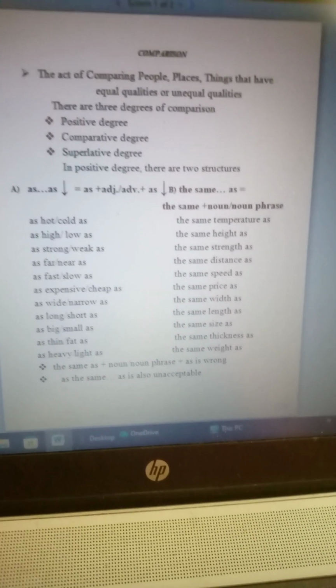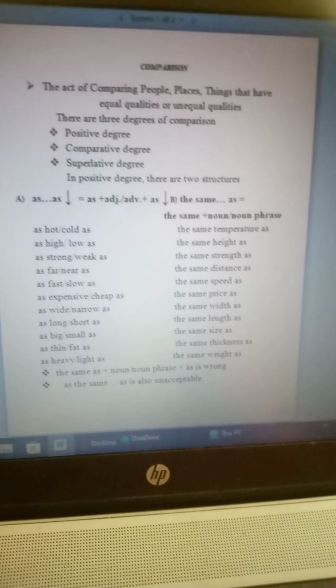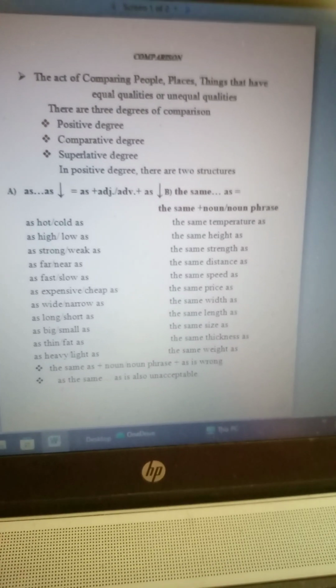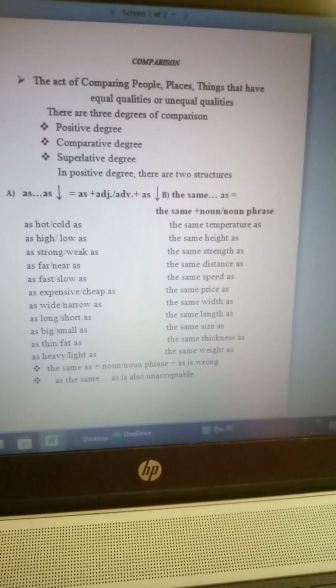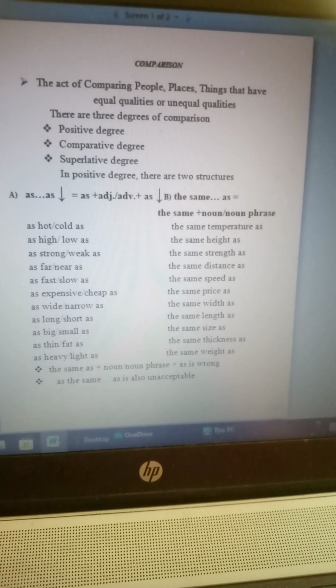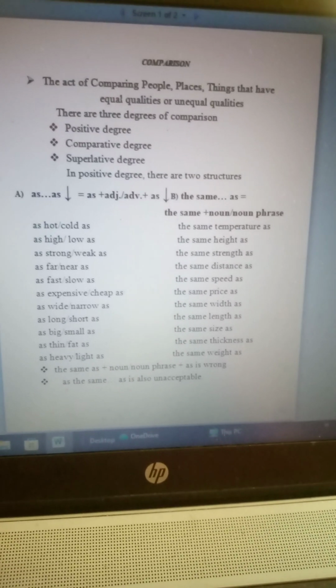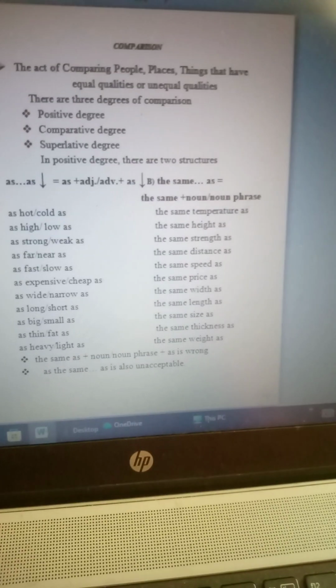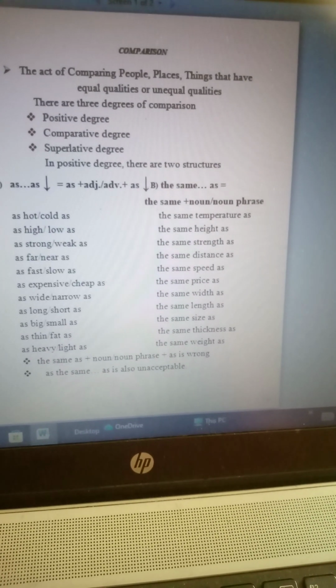When we say this, the as structure has 3 dots between the 2 as's. The 3 dots represent words or parts of speech.